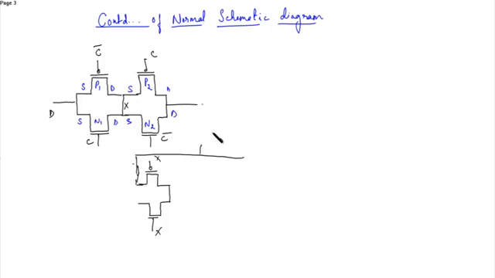And this is VDD. So this is X and X. This is ground. And here this X is connected to this X, and this X is connected to this X.